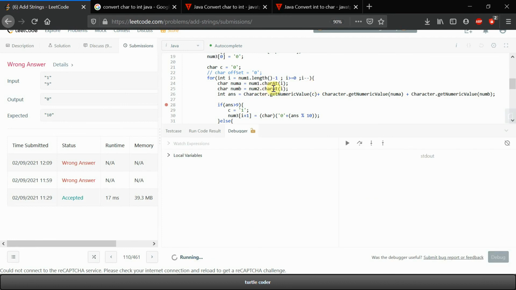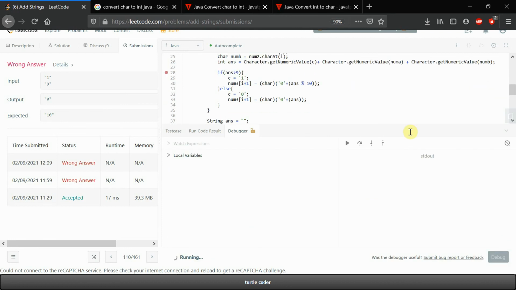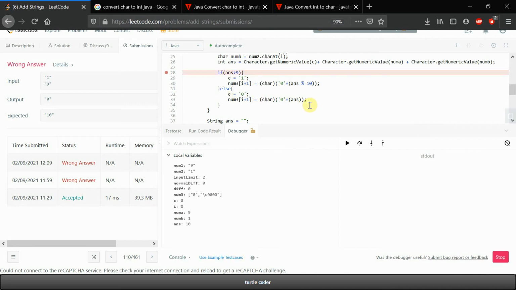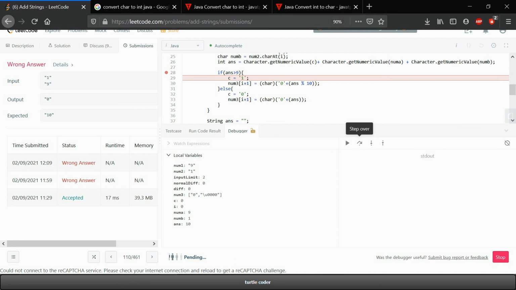It's not working for the carry thing, and I think I have not updated the carry. So my carry is 1, my num3 is something, and actually I should be taking care of carry in the end.